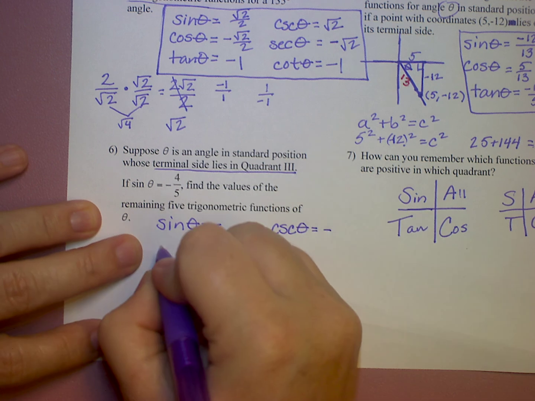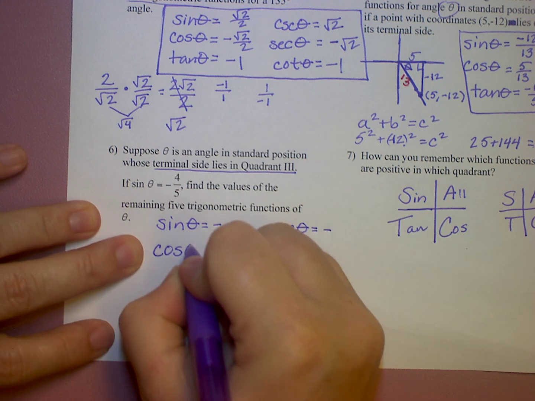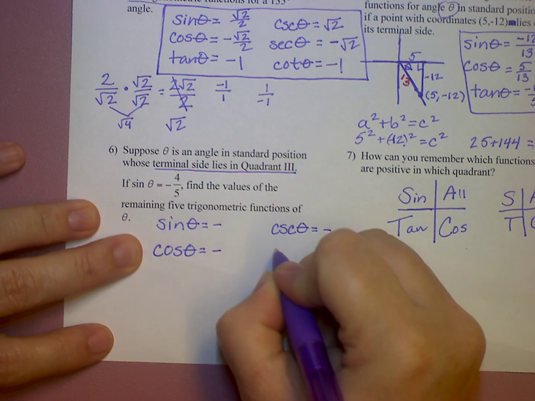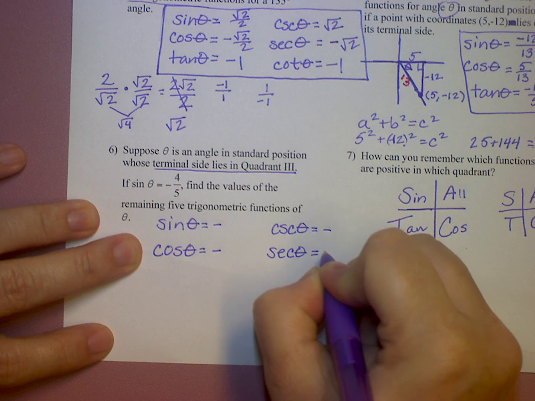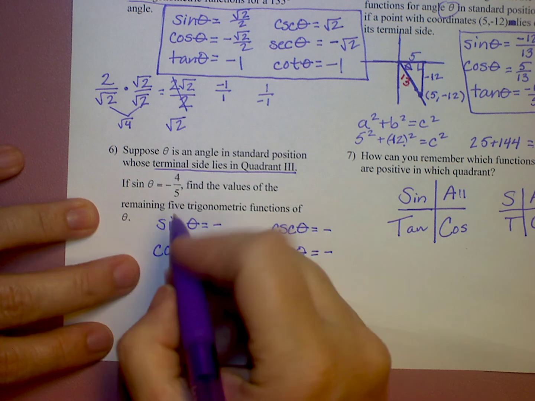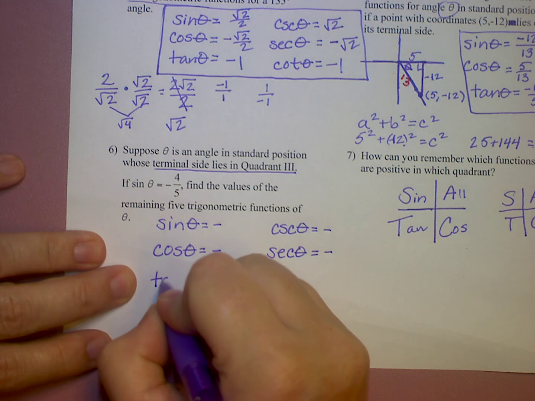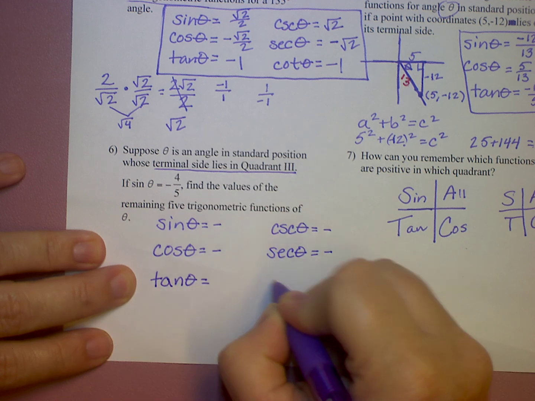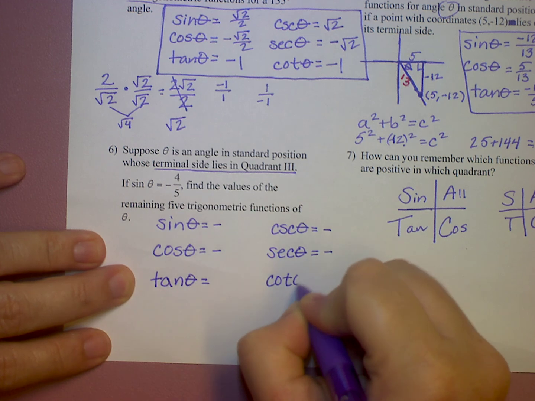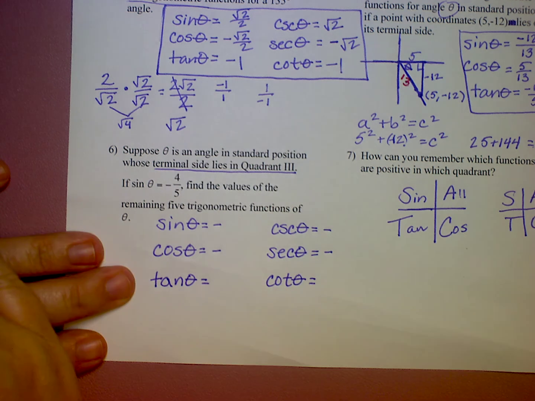I know that cosine will be negative, and therefore I know that secant will also be negative, because tangent and therefore cotangent are the only things that are going to be positive. So if I have my answer blank set up and I just go ahead and fill in those negatives, I'm good.